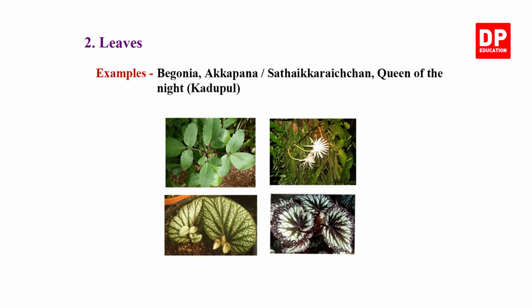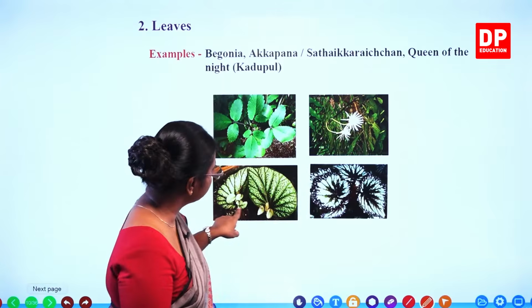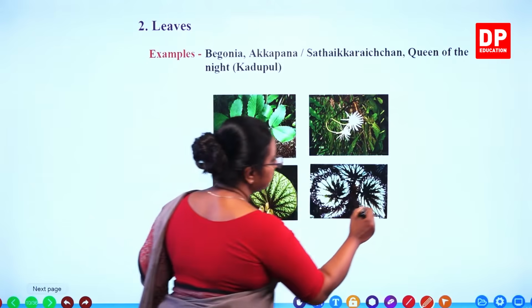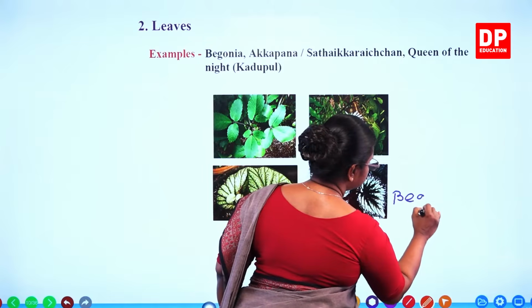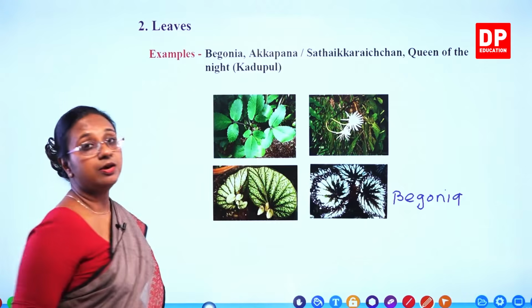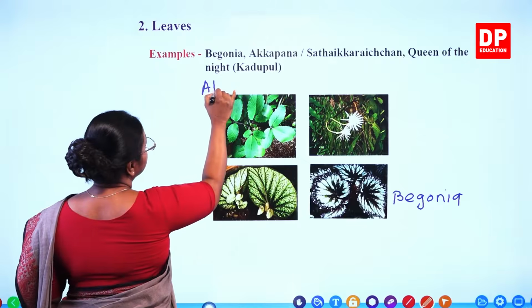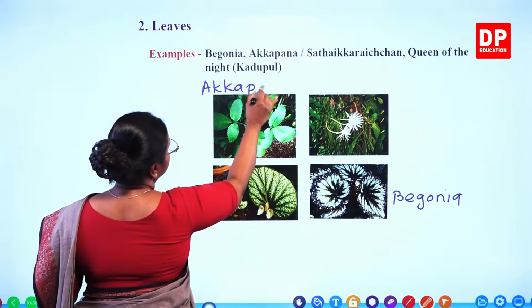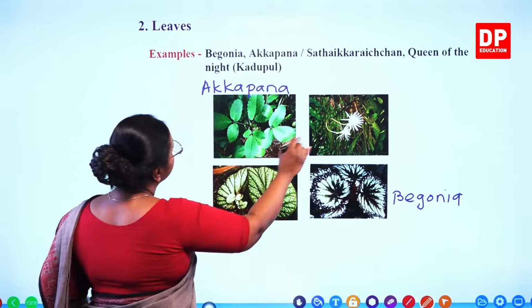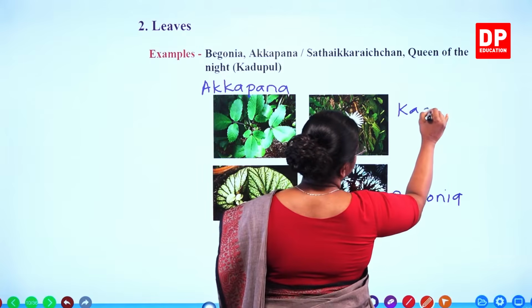Here it is the reproduction by leaves. So, we have these examples. Begonia, here you can see students, these two pictures. This is begonia. Then we have Akapana or Sadai Karechan. This is the Akapana plant. And here we have the queen of the night, what we call Kadupul.